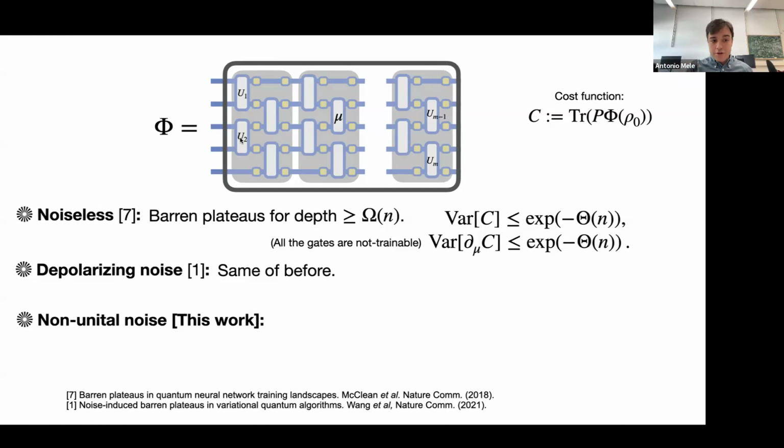If you already have a good region of the landscape, it's true you don't have a random circuit. But in the moment that you have to initialize your quantum circuit, if you don't have any knowledge how to cleverly initialize, this result says that for most of the choices of these gates, it is hopeless.